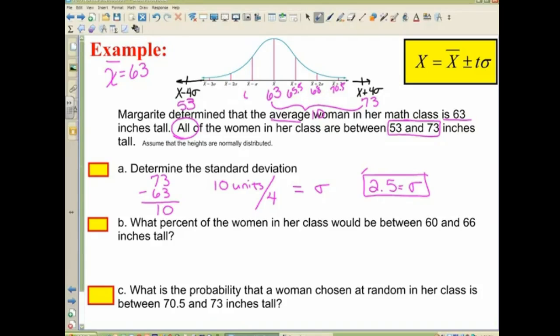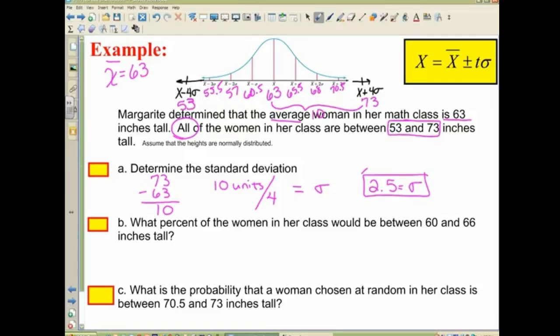Likewise, we could go down below 60.5, subtract 2.5, and we'd be at 57.5, subtract 2.5, and I'm at 55. Oops, something didn't quite work out there. And then I should be at 53. So it looks like my mistake is right here. 57, 55.5, and then subtract 2.5, and I'm at 53.